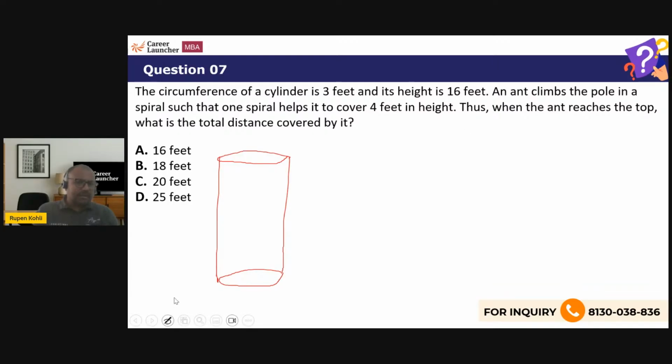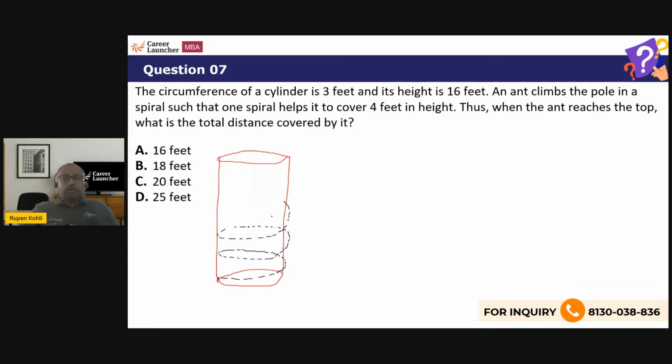Now, imagining this is the only challenge. The ant starts from here and its motion is a spiral. I can only show you a screen in front of you, but you can imagine it's revolving around and moving in a spiral. Something like this, it keeps on going like this, and four such spirals help it reach the top, right?